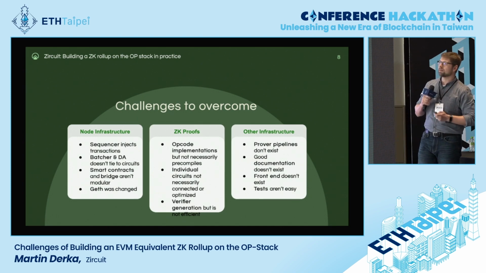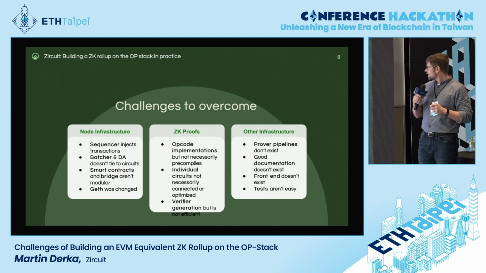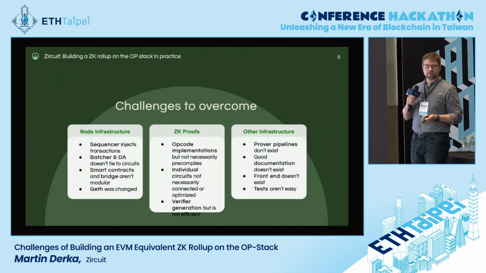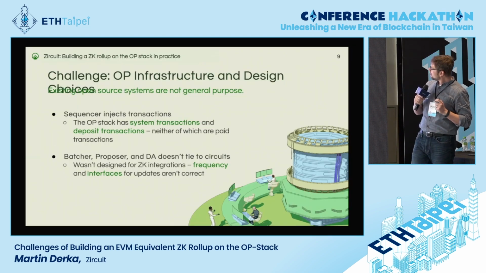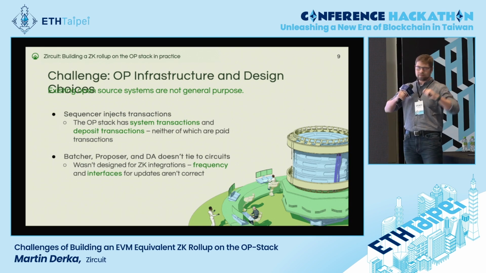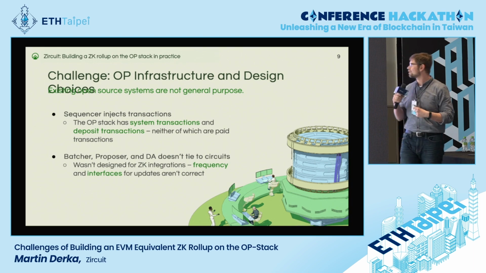You will require some infrastructure. There will be some documentation hiccups in the process. You will need some front ends. And if you want to do good engineering work, you will also require tests. So in the rest of the talk, sad that it's a little bit broken on the slide, I will be talking about these topics in detail, going through them as individual challenges.